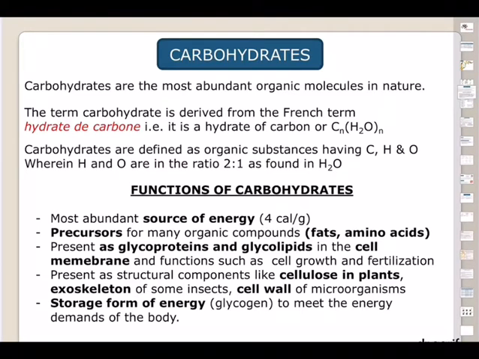Although carbohydrates can be generally represented by the empirical formula Cn(H2O)n, in which n is an integer, some carbohydrates contain additional atoms of sulfur and nitrogen. Also, carbohydrates can have aldo and keto functional groups. I am sure you know what a functional group is. So there they can be aldoses and ketoses.